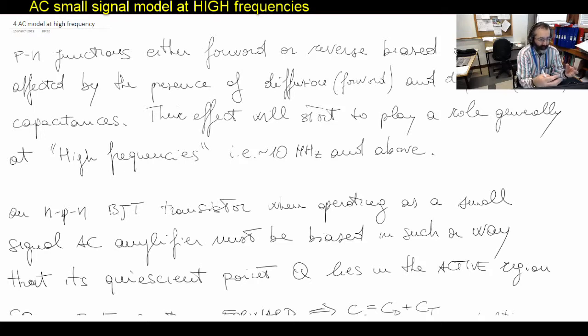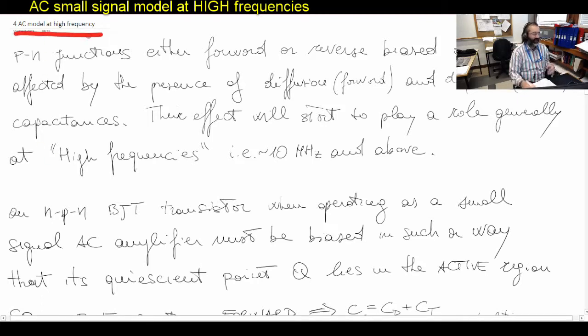Which are these things? This is where we are now dealing with the AC model at high frequency of the BJT amplifier. Again, this is just for your curiosity, so you have a bigger picture, a better idea of what is going on. But the whole point is that we have PN junctions in the BJT. Two PN junctions.